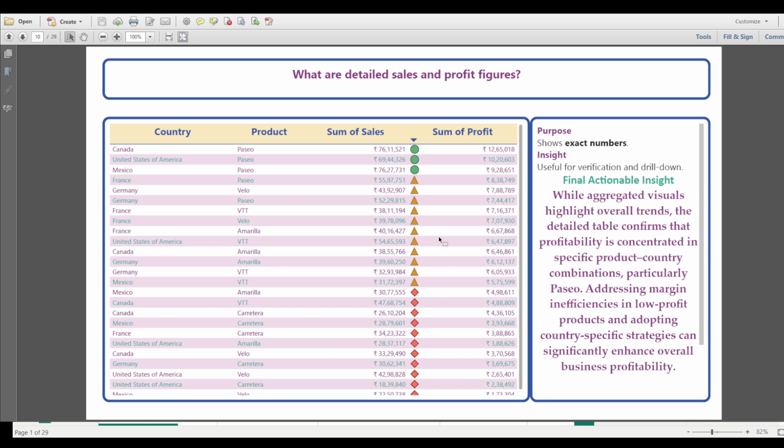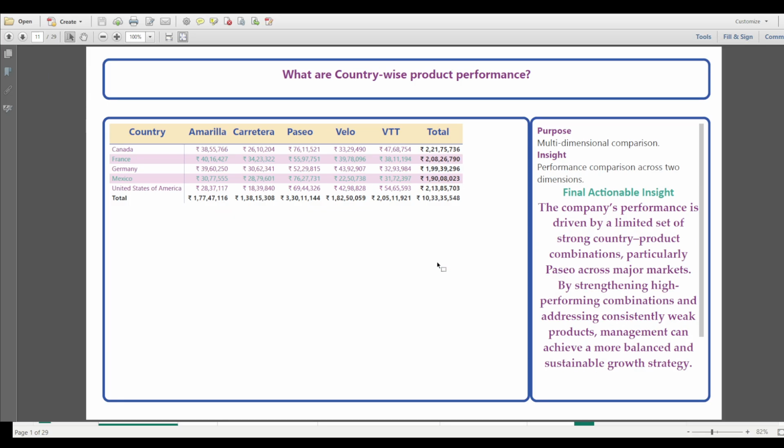So this is a table wherein we are using conditional formatting also. This is for detail: whenever we have to show detailed figures, country-wise and product-wise sales as well as profit, we use a table, and with a table don't forget to use conditional formatting.